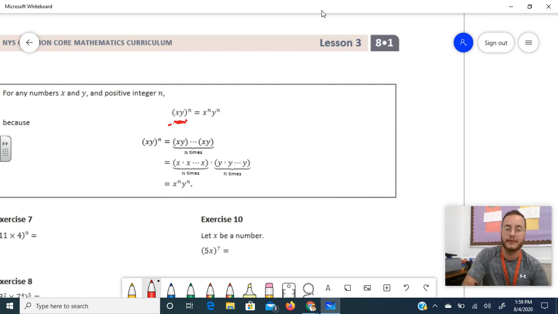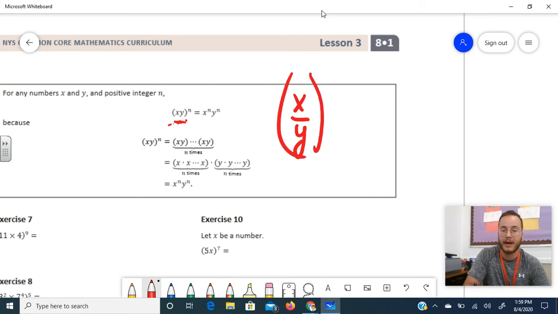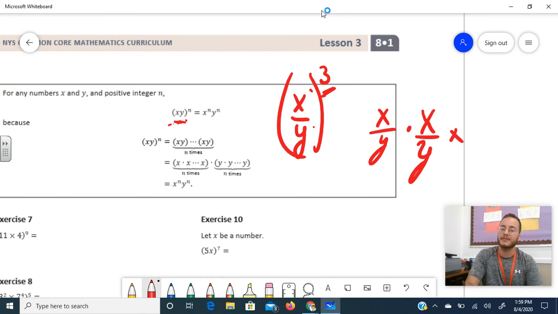Let's say I have x over y to the third power. Does this equal, does this exponent go to each number? Let's see. What does x over y to the third power means? It means I have a repeated multiplication of x over y times x over y times x over y.